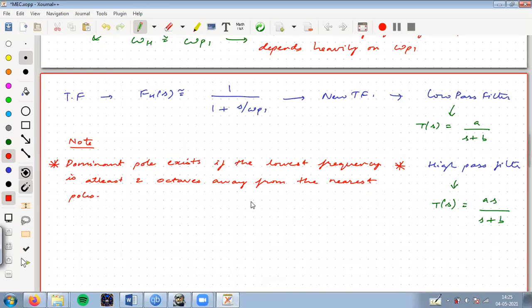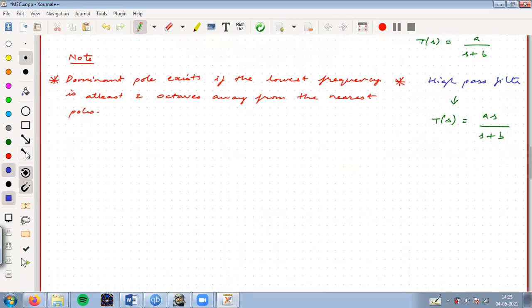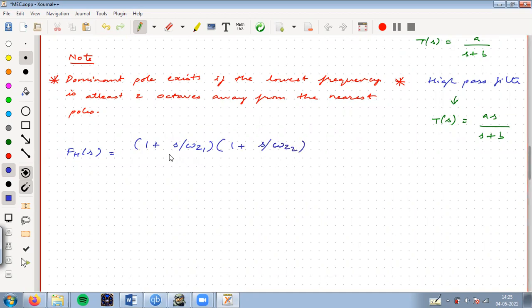Or else, if you don't have any dominant poles in your system, then say I have fh of s, which has 2 zeros and 2 poles. I will write it like this: 1 plus s by omega z1, 1 plus s by omega z2, divided by 1 plus s by omega p1, 1 plus s by omega p2.